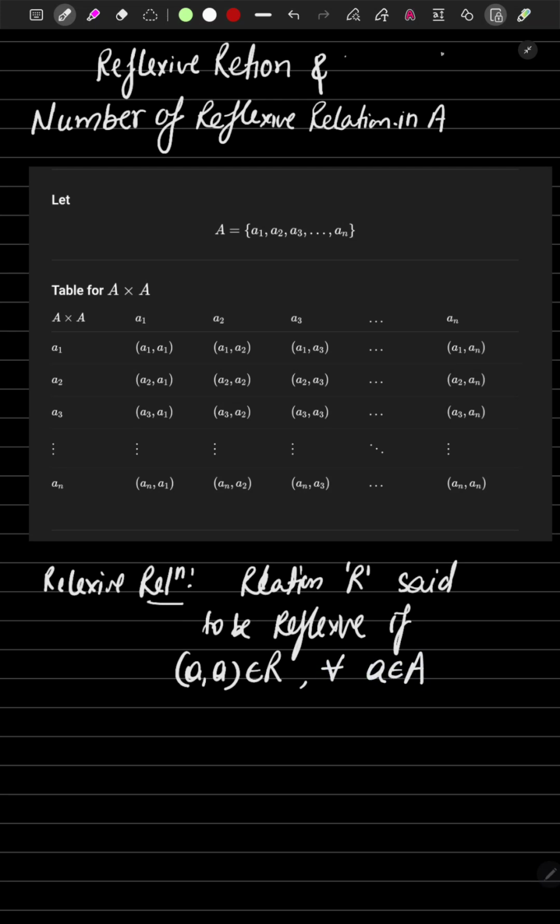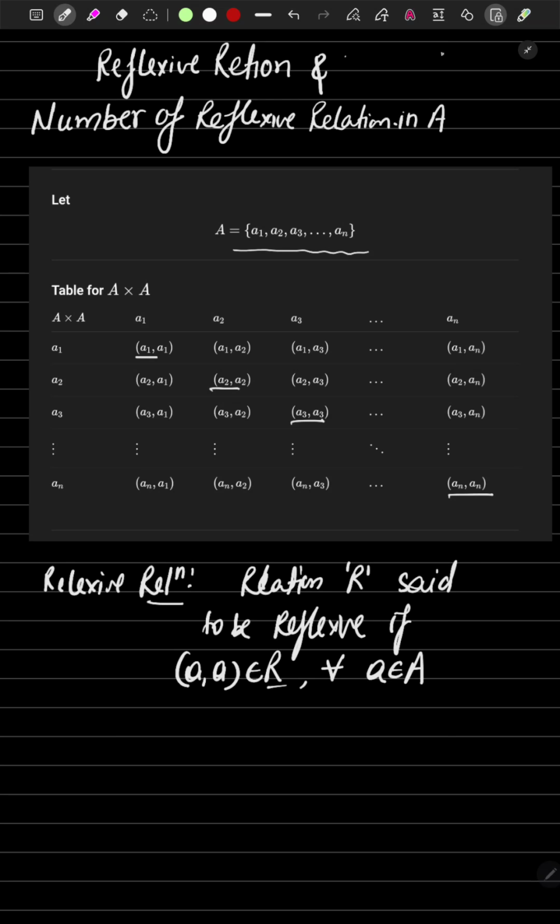What does it mean, dear student? It means that for all the elements, let's say you are taking A1, A2, A3, An, then (A1, A1) is required in the relation, (A2, A2) is also required, (A3, A3), (An, An). This is the minimum requirement.